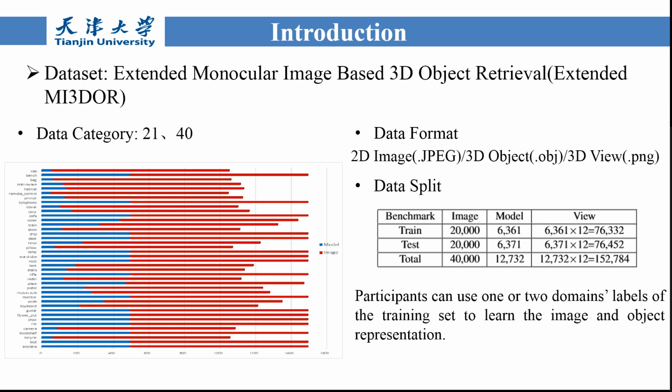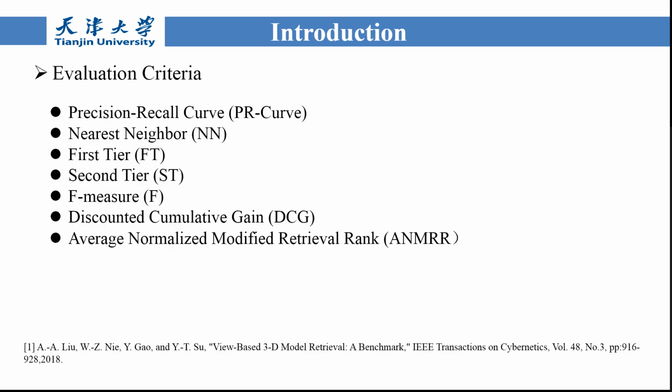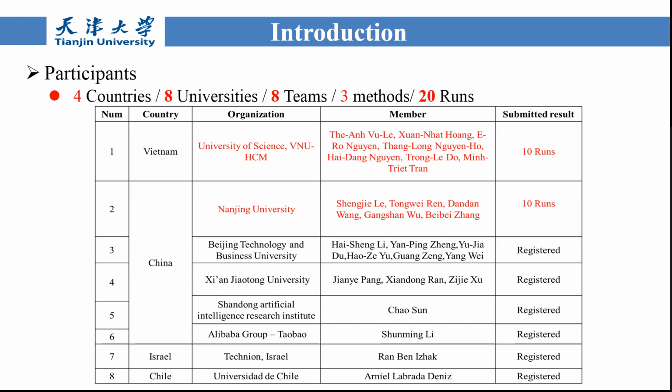In this track, participants can use one domain or two domains' labels of the training set to learn the image and object representation. Following this reference, we employ 7 criteria to evaluate the retrieval performance.